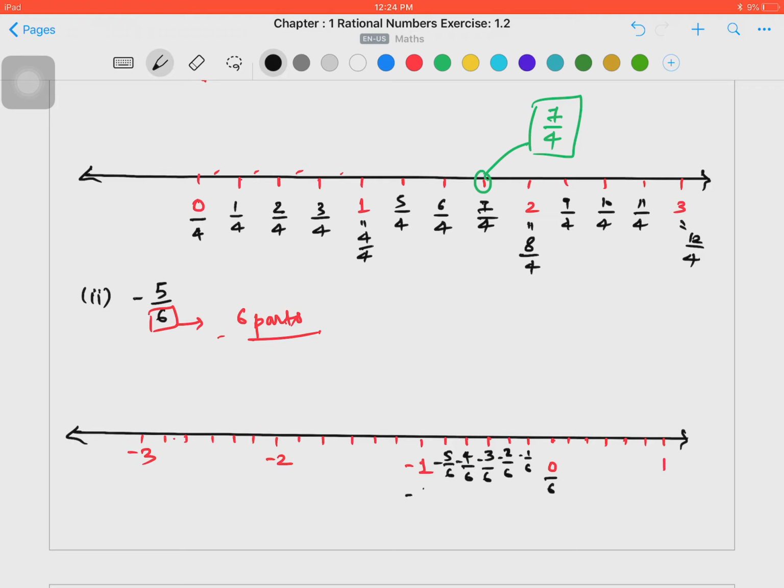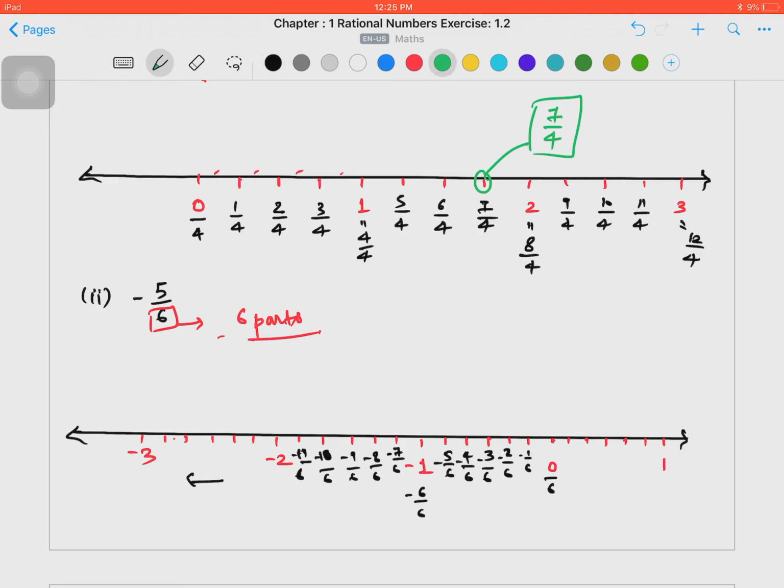This will be minus 6 by 6. Here we have minus 7 by 6, minus 8 by 6, minus 9 by 6, minus 10 by 6, minus 11 by 6, and so on.